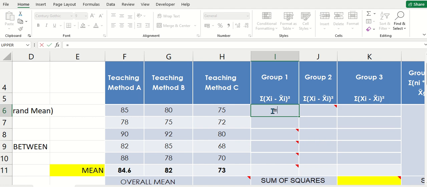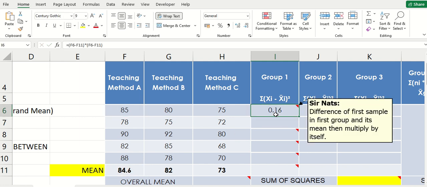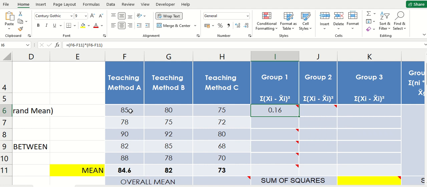Since the first sample in this group is 85, we subtract 84.6, then we multiply the result by itself. We can do it like this: 0.16. So you do it from 85 minus 84.6, then multiply by itself.